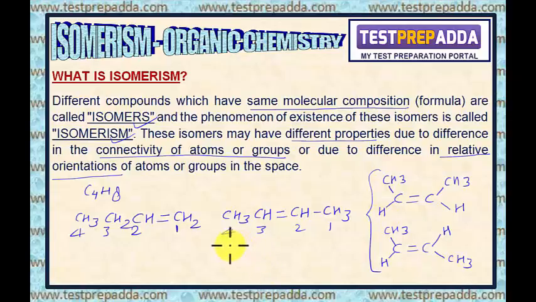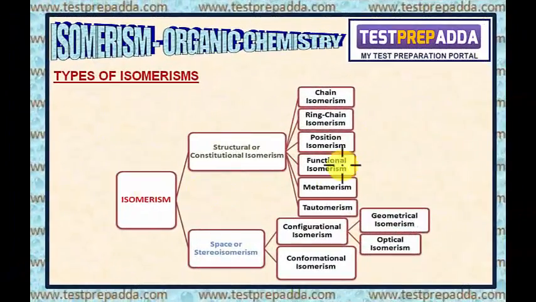So what are the different types of isomerisms? Here you can see the different types. First, based on the difference in the structures, structural isomerism, and based on the orientations of atoms or groups in space, stereoisomerism.